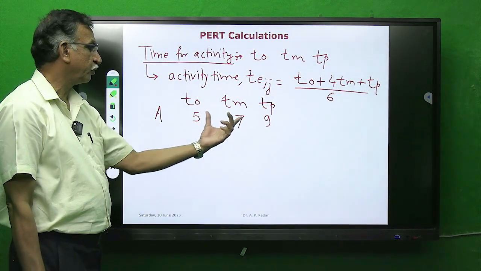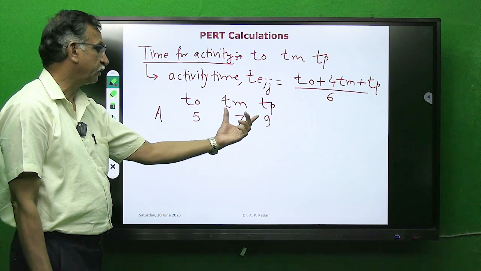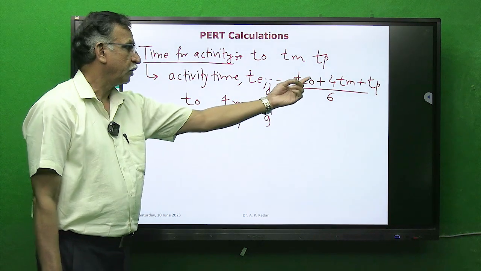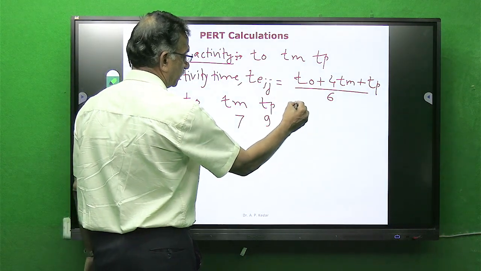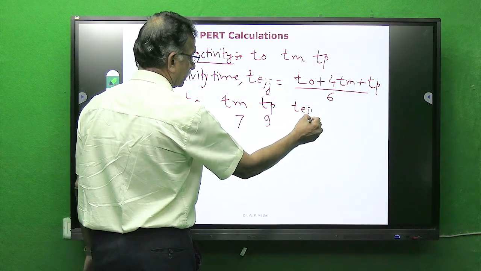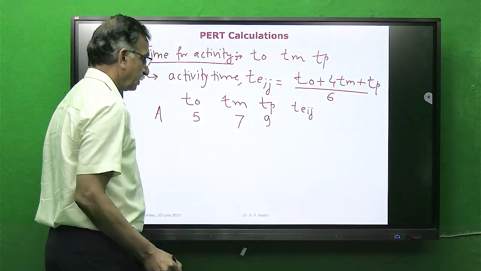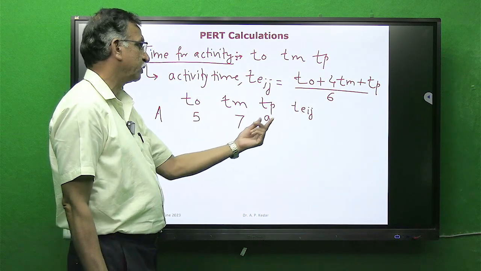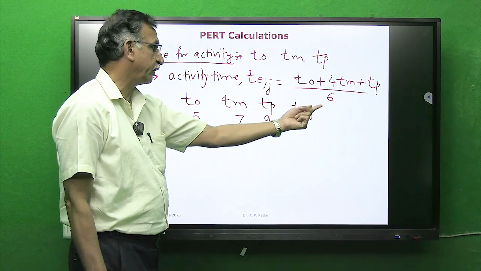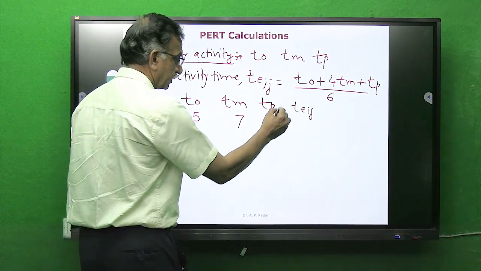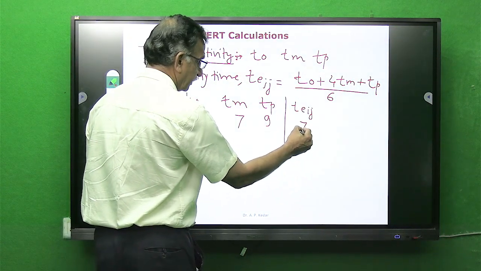So if you put this activity time in this formula and if you calculate TEIJ by this logic, that is 5 plus 4 times 7 plus 9 divided by 6, you will get TEIJ as 7.